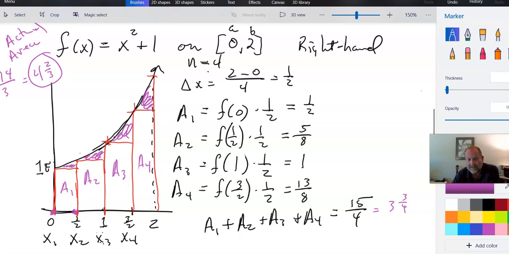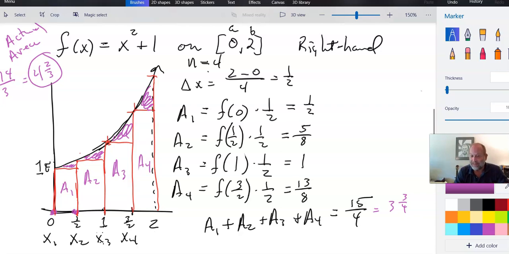So this is an underestimate. Now, keep in mind, too, you're going to be plugging most of these numbers into a calculator. You're going to be getting decimals. I like to work with fractions just because I can do them in my head and I don't have to turn to a calculator. That's basically the idea.